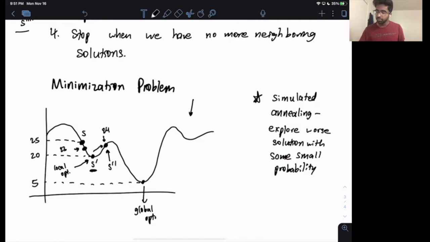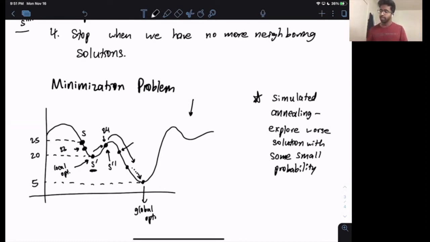And if we go to S double prime, now we have the potential of getting to this actually really good solution. Because from S double prime, a neighboring solution could be this value right here, and a neighboring solution for that could be here, and so on, until we get to our global optimal value.